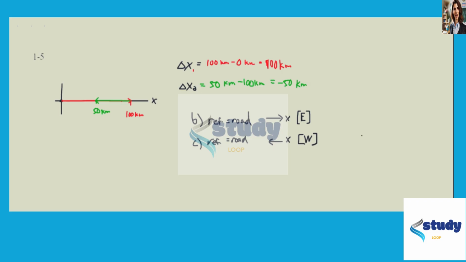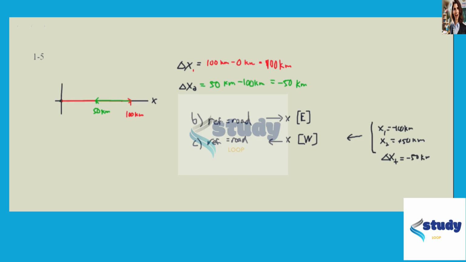To make that obvious, if west was positive, then displacement 1 would be negative 100 kilometers, and displacement 2, in this scenario, would be positive 50 kilometers. So our net displacement total for the trip is negative 50 kilometers.